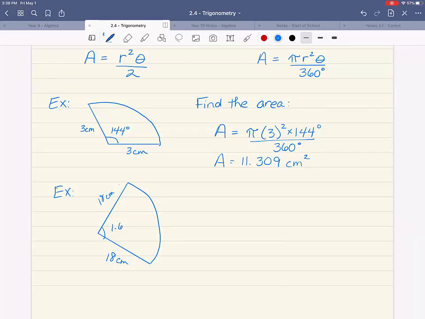So for this problem, because it's in radians, the directions say find the area. The formula is just r squared, which in this case is 18 squared, times the 1.6 divided by 2. No conversions, no need to worry about anything else.